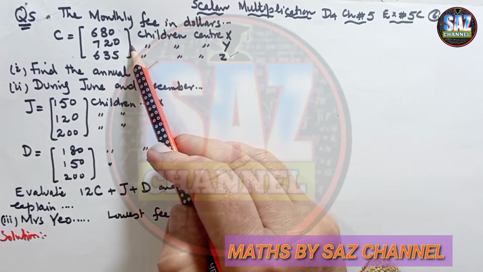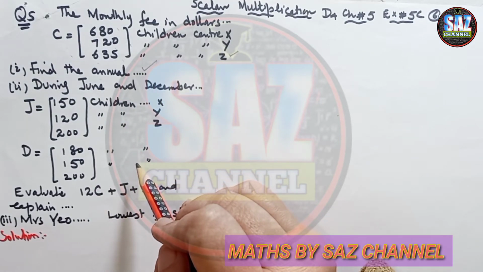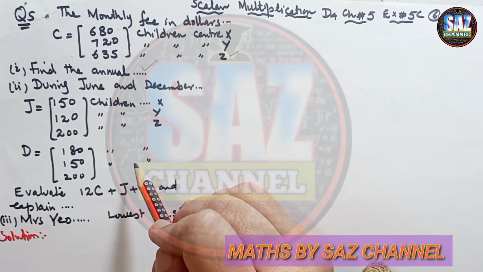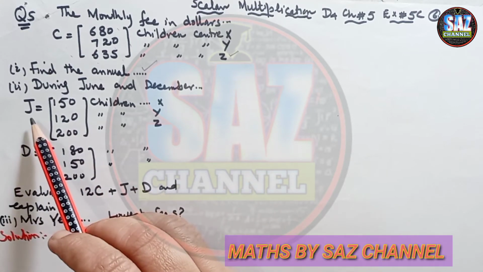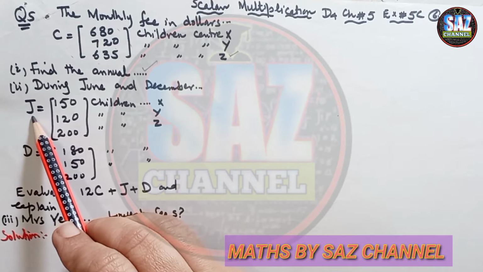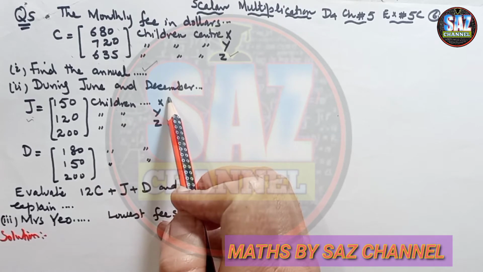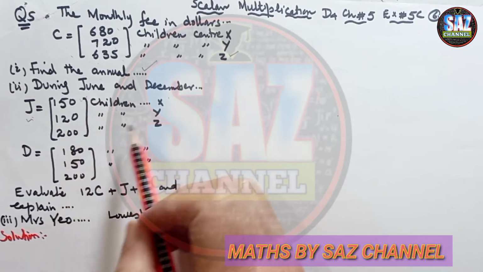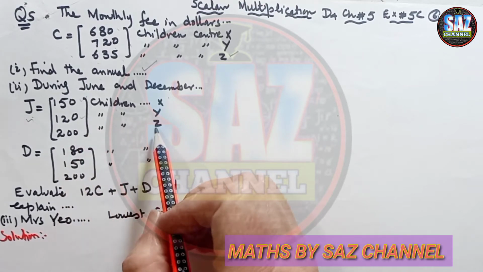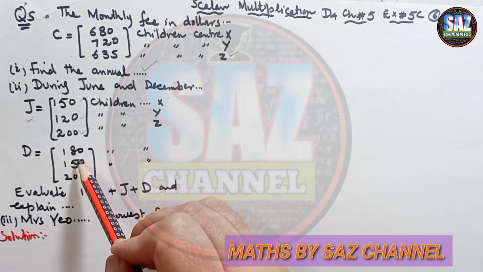Then the next information says during the June and December holidays, all the three children's centers offer some special programs for an additional cost given in the matrix J and D respectively. Matrix J is the matrix for the June special: children's center X charges 150 additional, Y charges 120, and Z in June charges $200 extra.